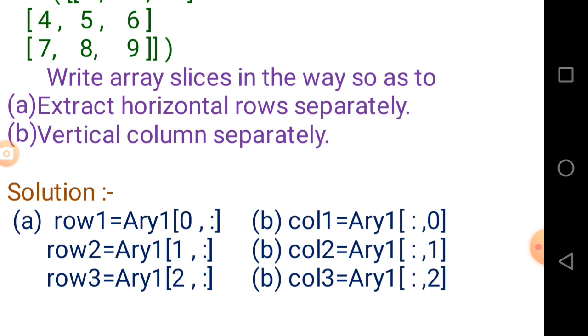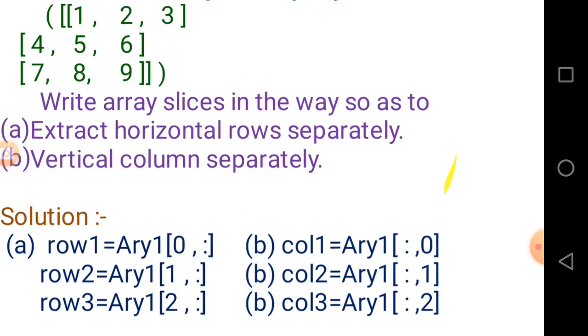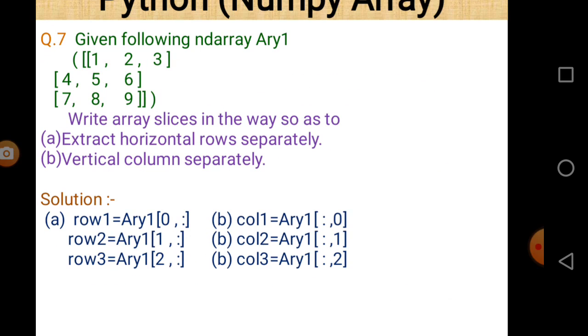And the same thing is done for columns. For column 1, write the name of the array, in this case ARY1, then the colon sign, which means each and every row should be selected, then a comma sign and the column index. The first column is represented by index position 0.